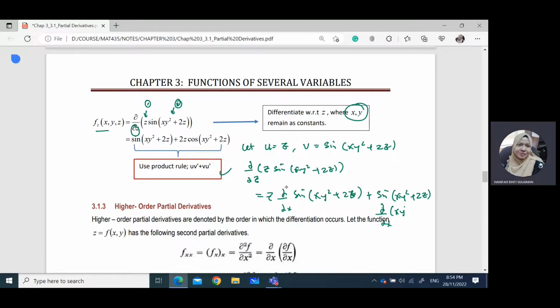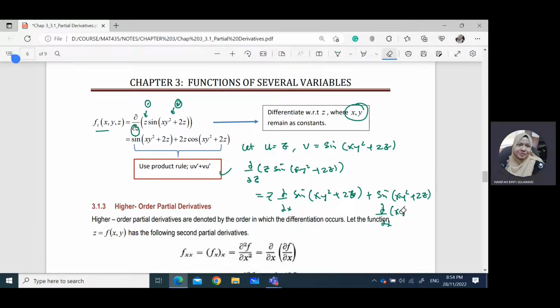Derivative u, v u prime. Derivative with respect to z on z. Sorry, not with respect to x, derivative with respect to z. So you will get the answer z.